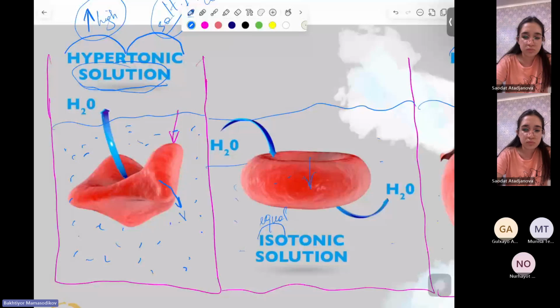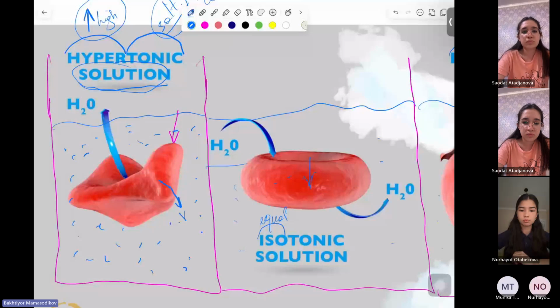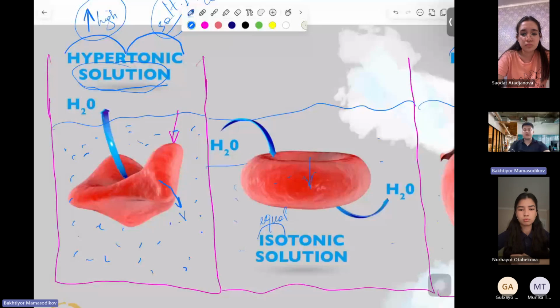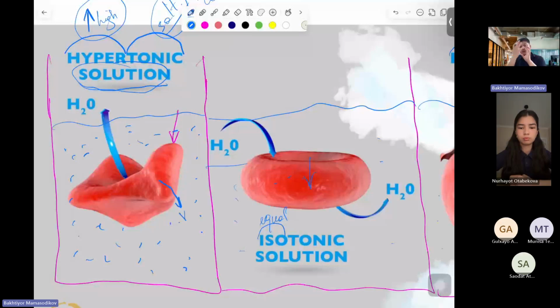Yes, because it is a hypertonic solution. In the water here we have a lot of salt molecules, right? That means they are attracting the water. Salt is going to attract the water molecules, and that's why the cell shrinks.